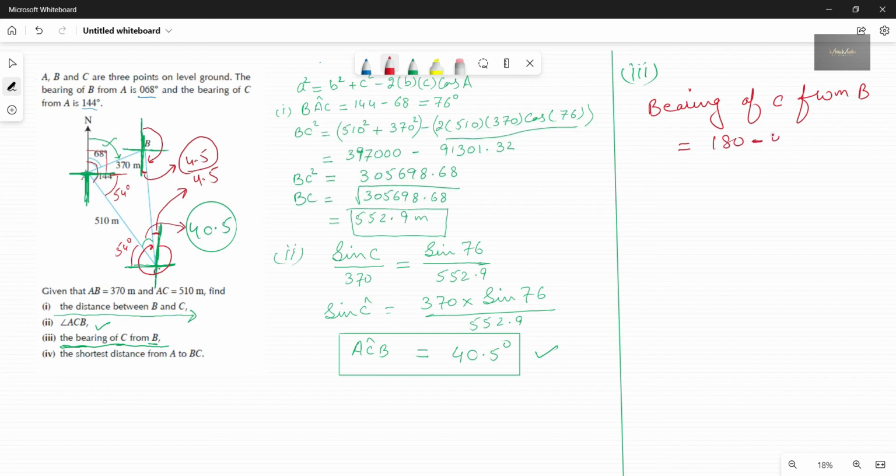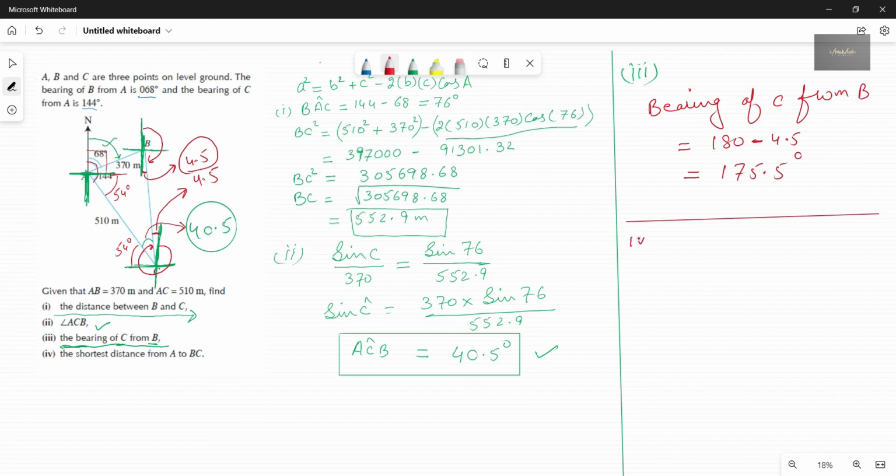So it is 180 minus 4.5, answer is 175.5. So that was the third part.